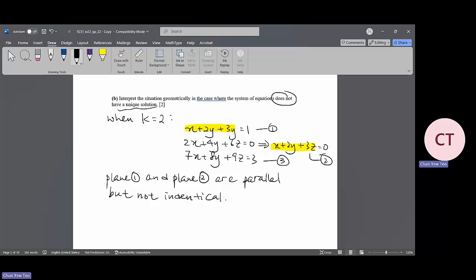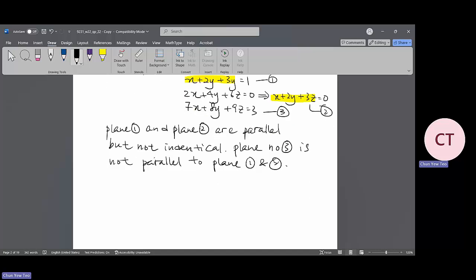Then plane number 3 is not parallel to planes 1 and 2. So this will be the description.